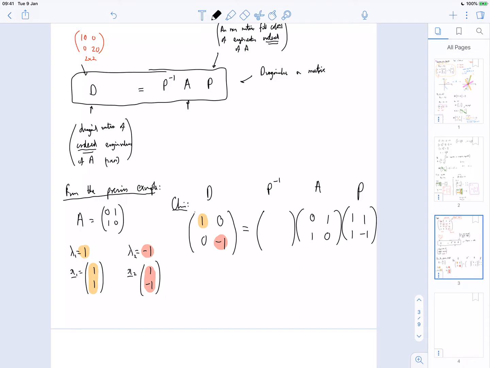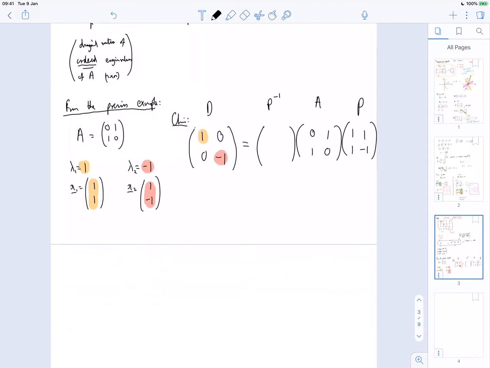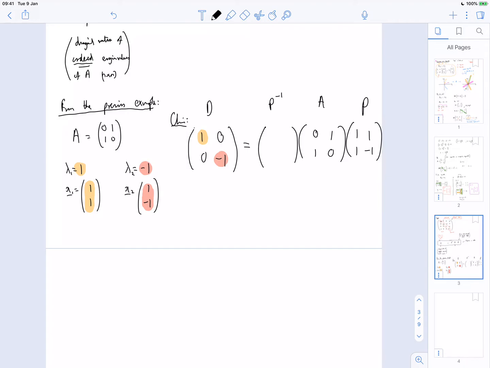Now, you know how to find the inverse of 2 by 2 matrices. It's very easy. It's 1 over the determinant of that matrix P. And then remember, we swap top left and bottom right, so that'll become a minus 1 there and a 1 there. And then we change the sign of the opposite two, so these both become minus 1s.